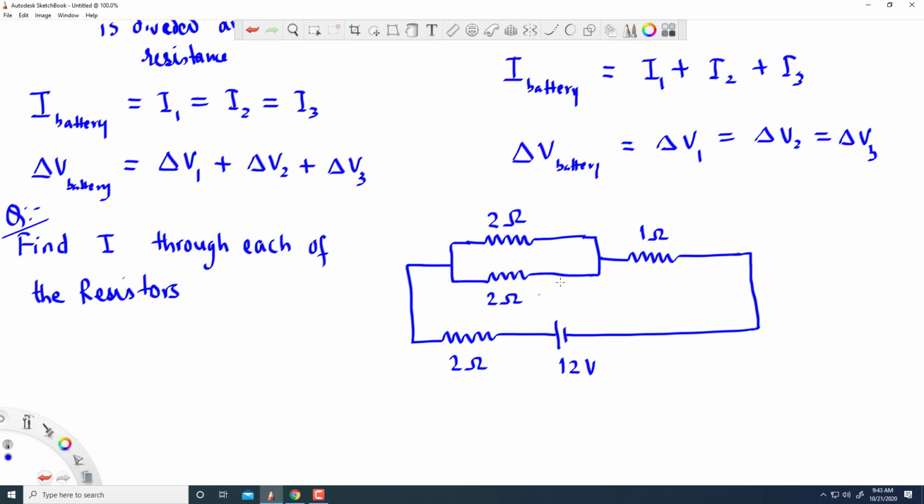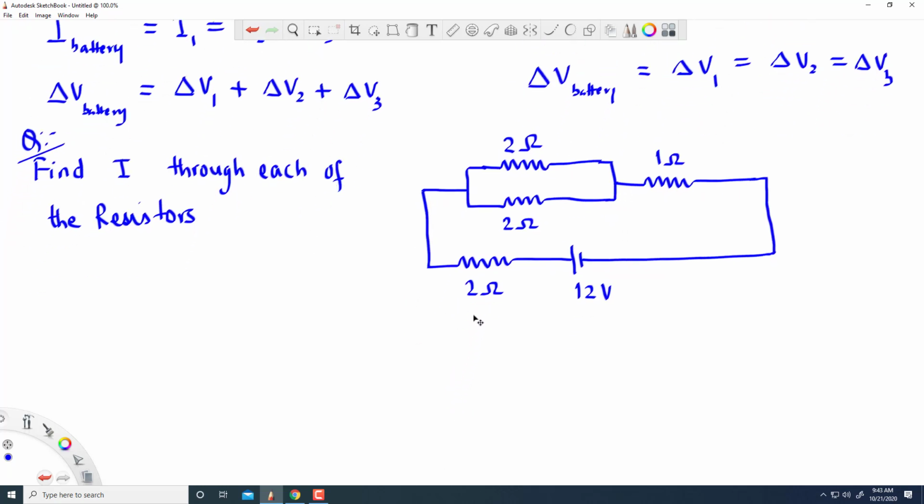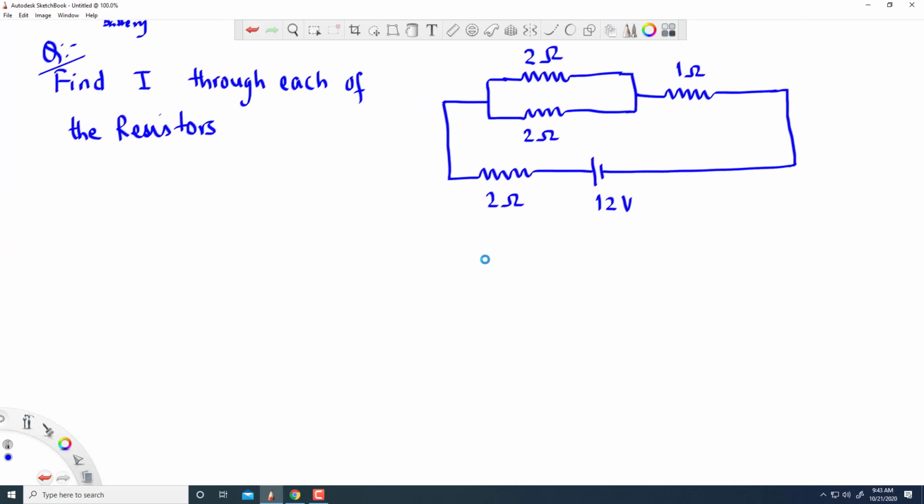The first thing we need to do here is simplify the circuit, turn this into the simplest form. How do we do that?